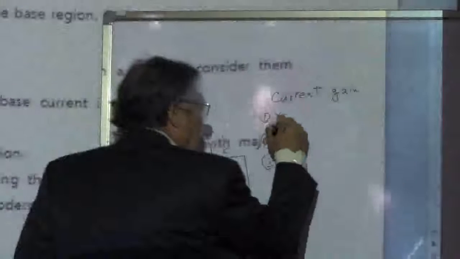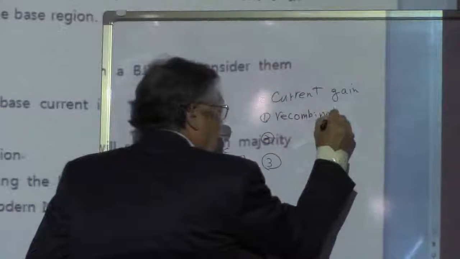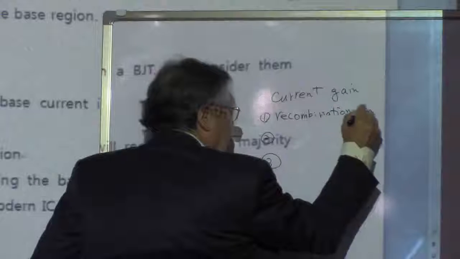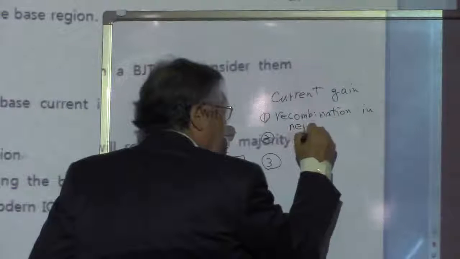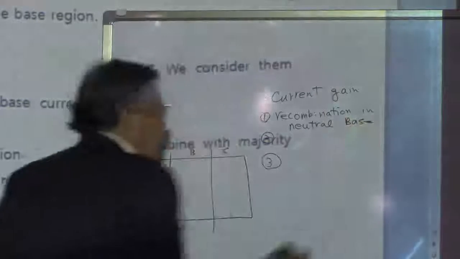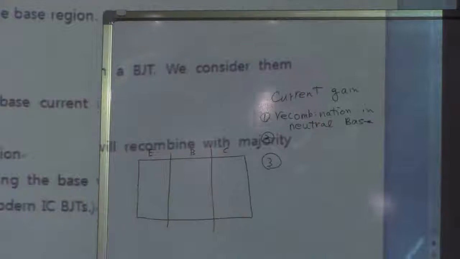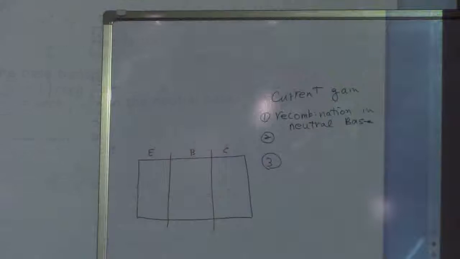Number one is recombination in the neutral base. And then number two is hole injection into the emitter.